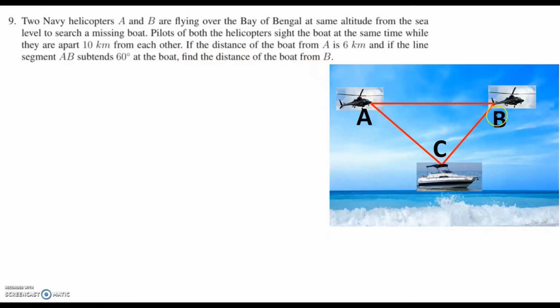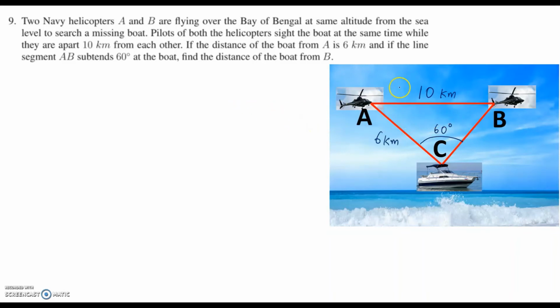Now the distance between the two helicopters is 10 kilometers. So this is 10 kilometers, and the distance from the helicopter A to the missing boat, which is AC, is 6 kilometers, and the angle that it subtends is 60 degrees. Right.